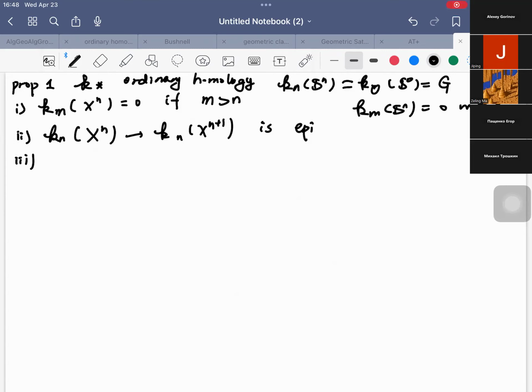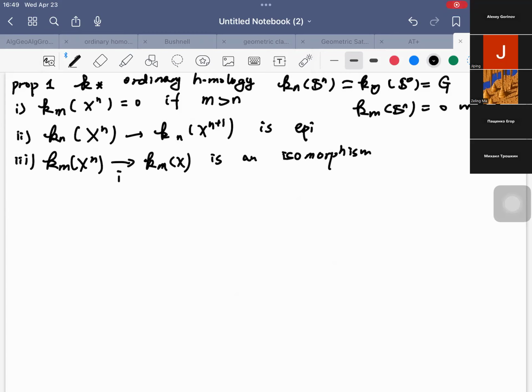So the map from X^n to X^{n+1} is an epimorphism, and this is the ordinary homology, and the map to X is an isomorphism.